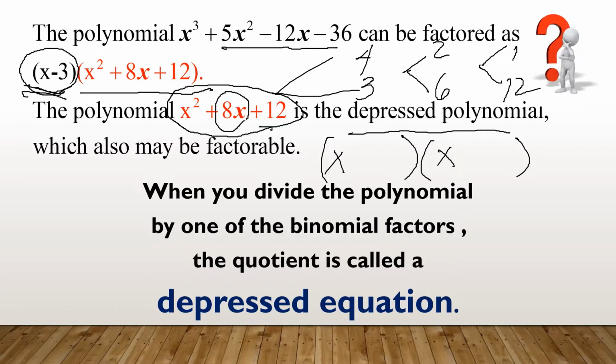It's 8x, so we have to choose among the given factors which will give us 8 when we add. So 4 plus 3 will give us 7, so it's not a choice because our middle term here is 8x. 2 plus 6 is 8. And of course, 1 plus 12 is 13. So our choice therefore is 2 and 6.